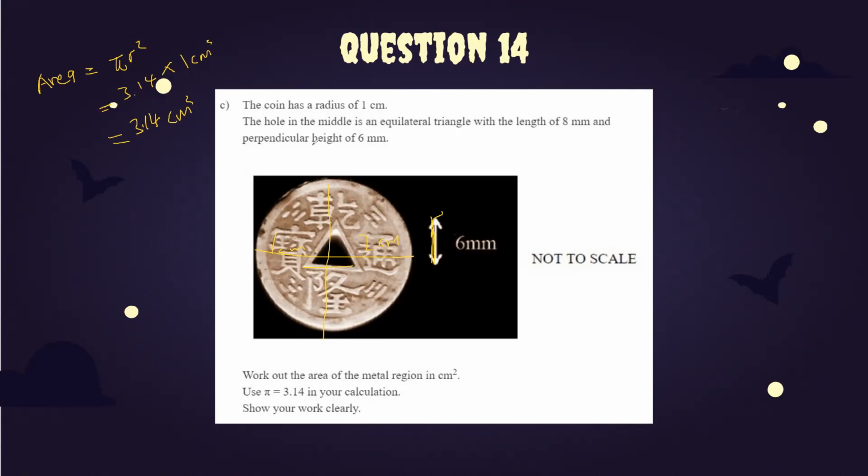So you do the formula for the triangle. Area equals 1/2 times the base and the height. So the answer is 24 mm square. You need to change 24 mm square to cm.